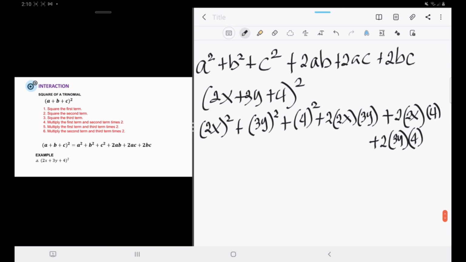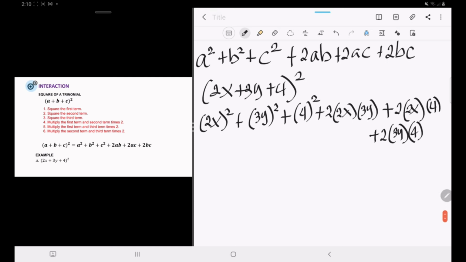Okay, let us now simplify. 2x squared is 4x squared. Then 3y squared is 9, that's plus 9y squared. And then 4 squared is 16. And then 2 times 2x times 3y is 12xy.